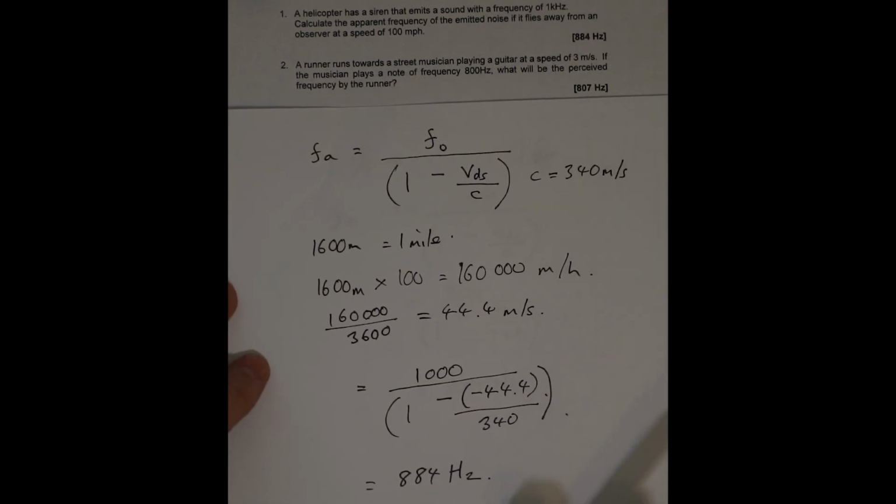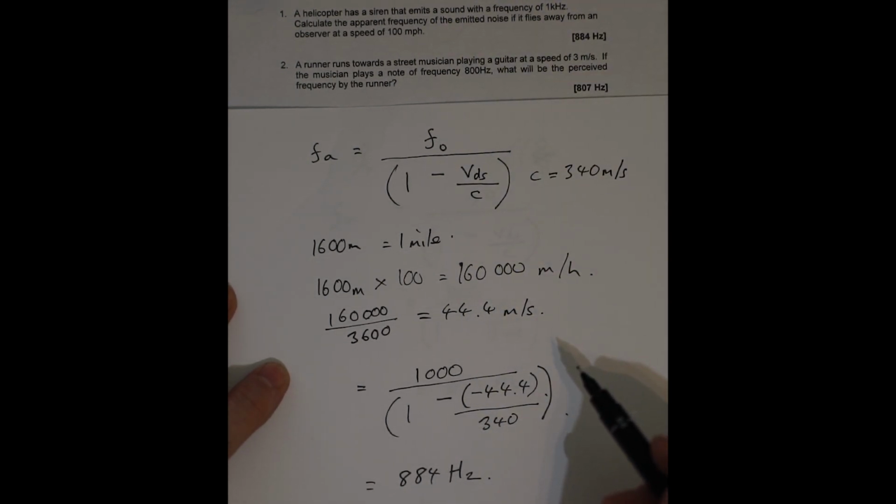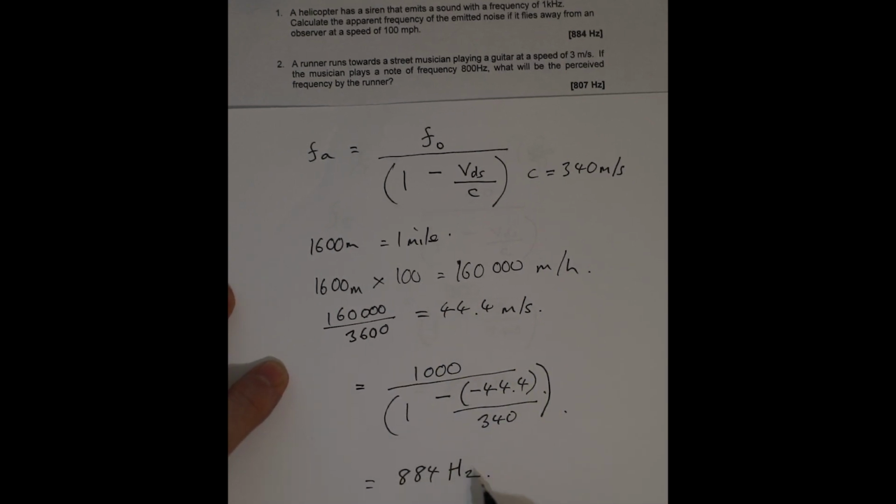If we compare this to our answer for question 1, there we had the helicopter moving away from the observer, so straight away that means the frequency is going to decrease. Because the emitter is moving away, we're going from 1000 Hertz, or 1 kilohertz, down to 884 Hertz.